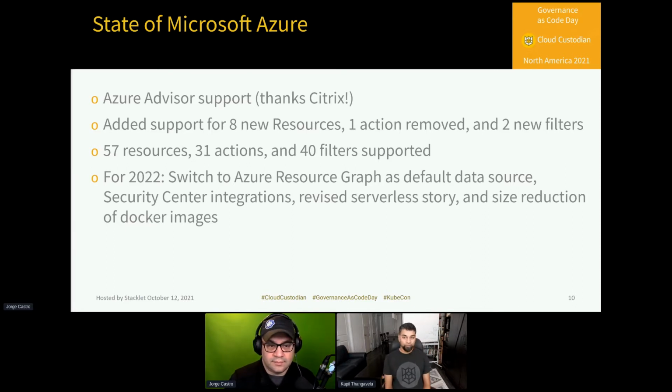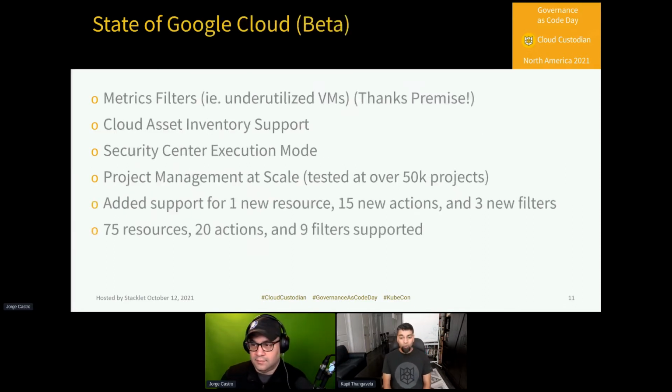Moving on to GCP. We've gotten a couple of really cool features this year. One was contributed by Premise Data around the metrics filter. This is a key aspect of being able to drive cost utilization policies, being able to see resources that are underutilized or don't have any connections. And that applies to a bunch of different resources.